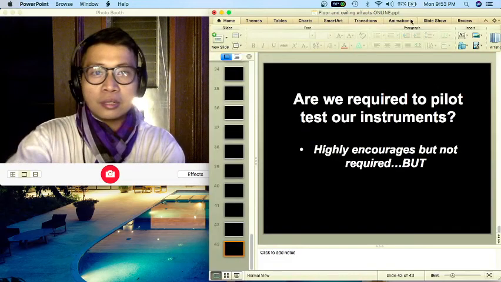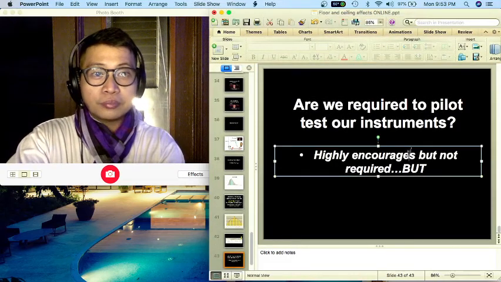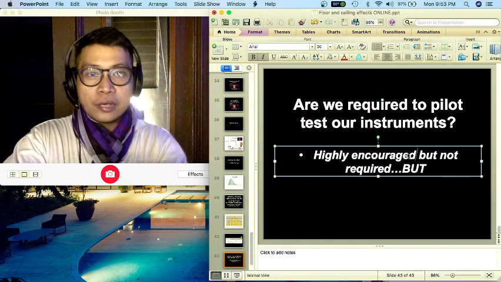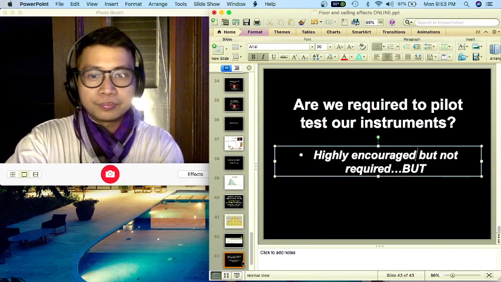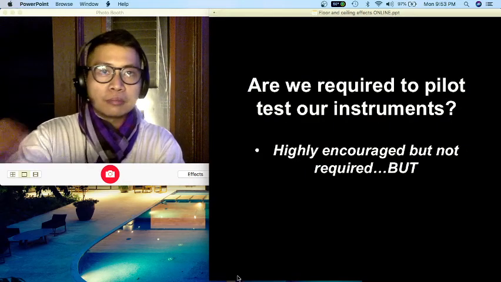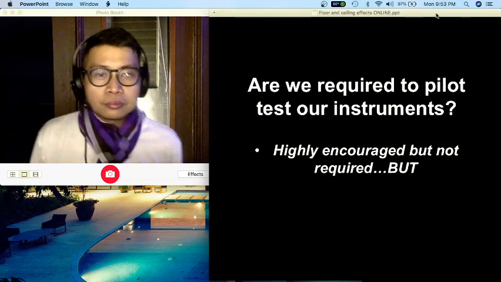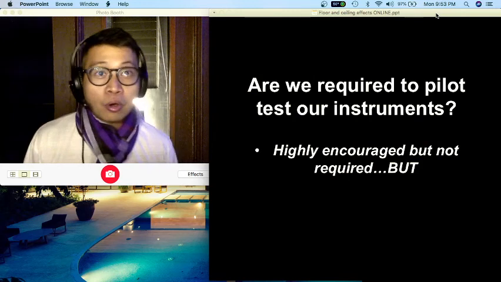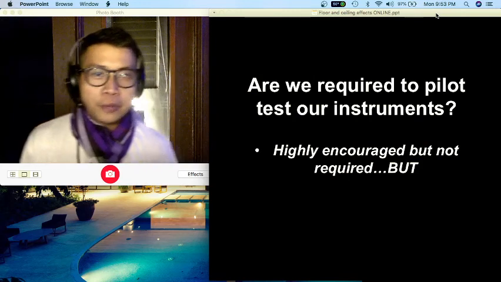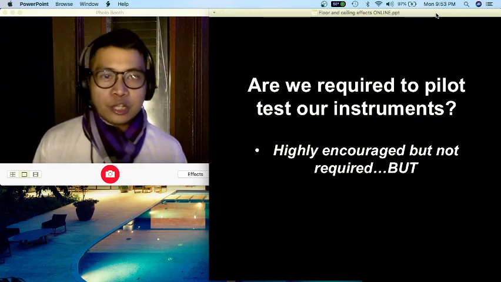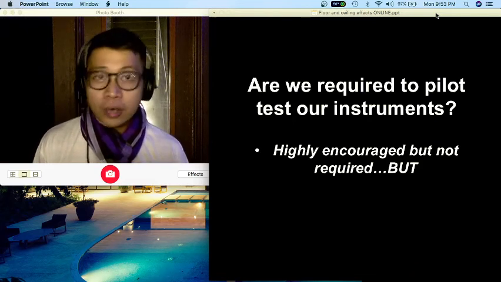O sige, palitan na rin natin. Highly encouraged. There you go. Baka ayaw nyo nag-aaral ng may mga wrong grammars, no, or misspelling. Anyway, so it's highly encouraged but it's not required.